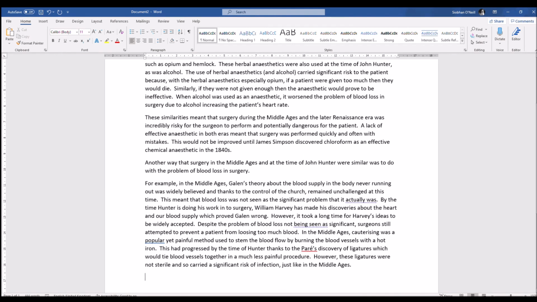Here we go. These similarities show that despite nearly 700 years passing from the beginning of the Middle Ages to the time of John Hunter, what am I trying to say?